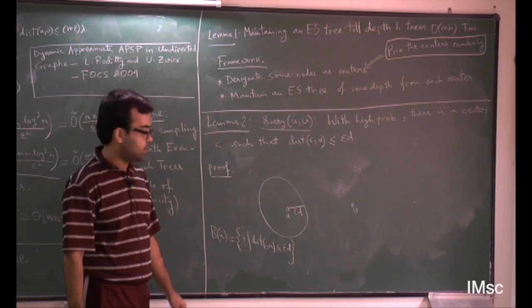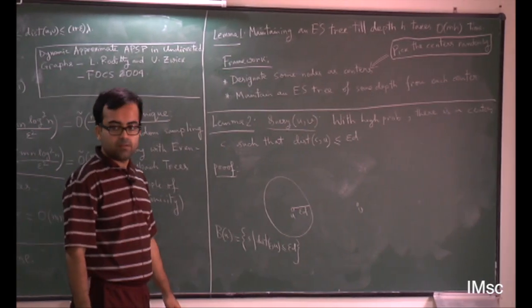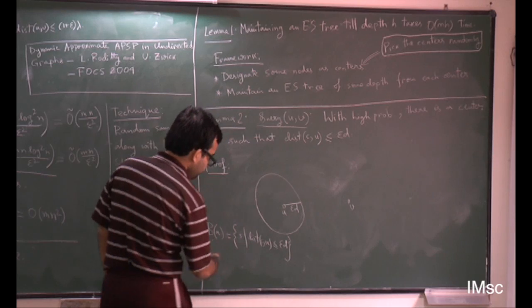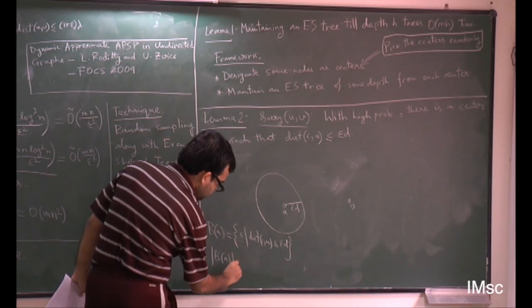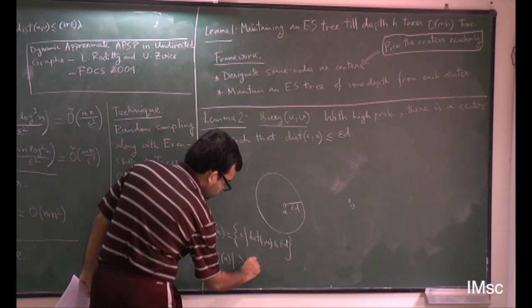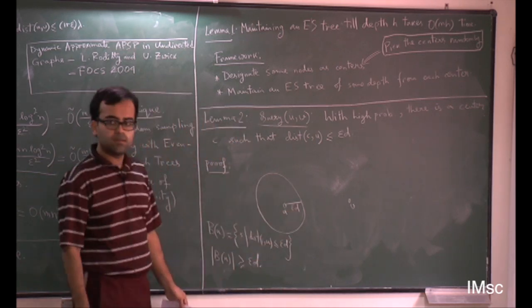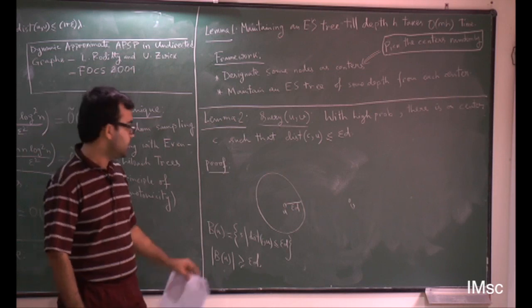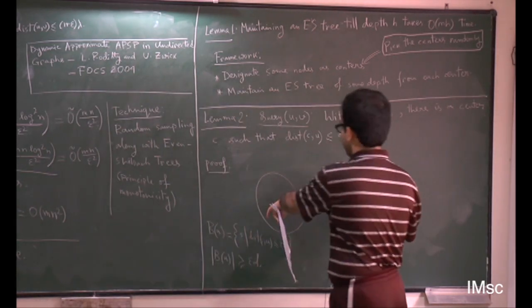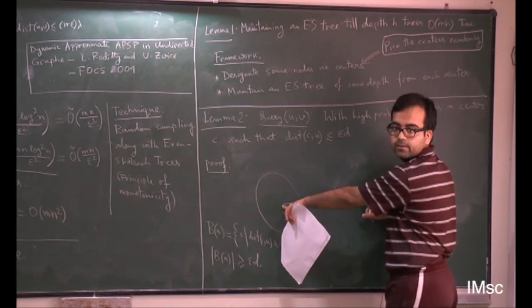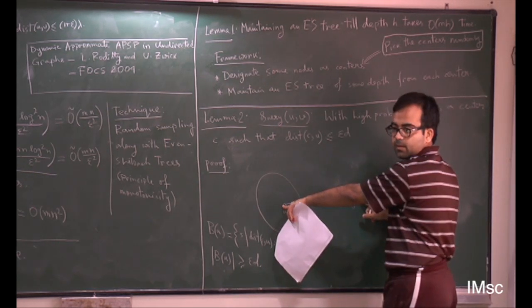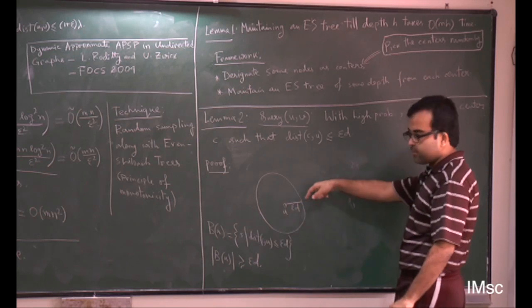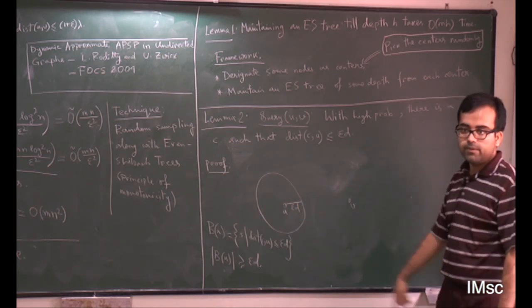Okay. What is the size of this ball? The size of this ball has to be at least epsilon d. Why? It is because we know that this path has distance roughly order d, the path from u to v. Okay. So, just pick the first epsilon d nodes in that path, they will belong in this ball.